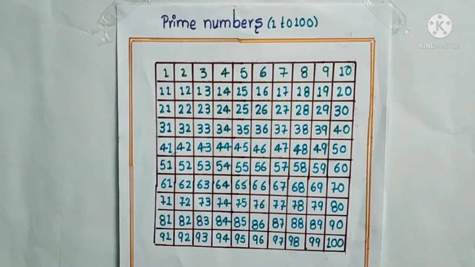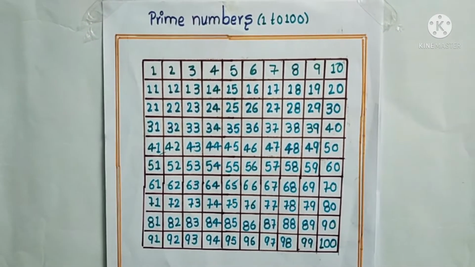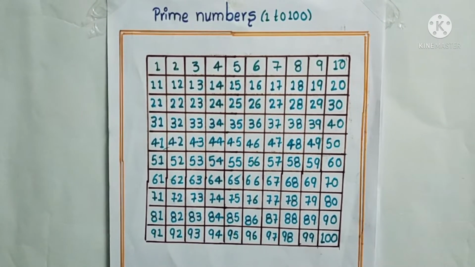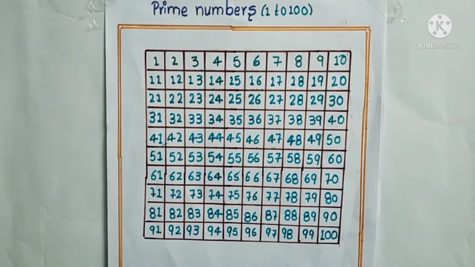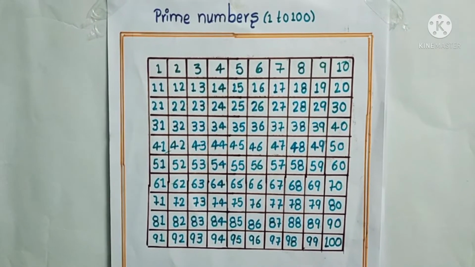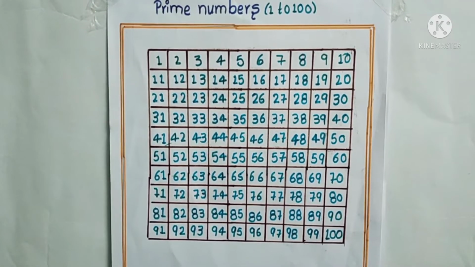We can find prime numbers from 1 to 100 with an easy method. This method was given by the Greek mathematician Eratosthenes. Let us see the method. List all the numbers from 1 to 100 as shown below.